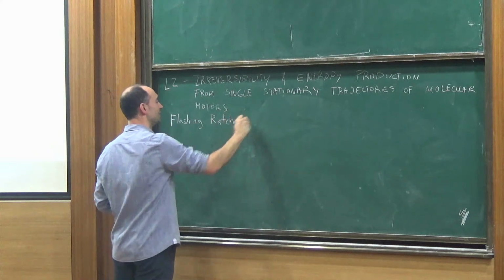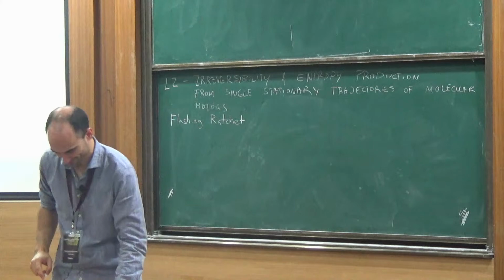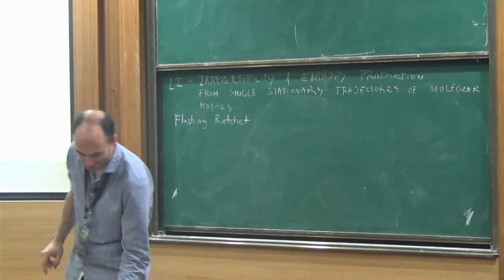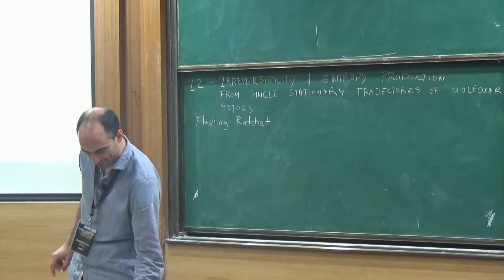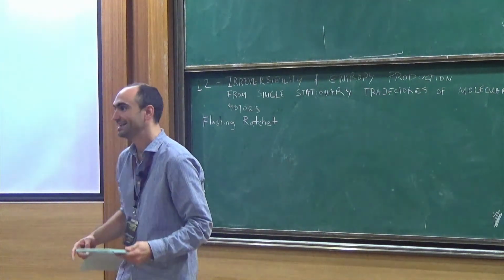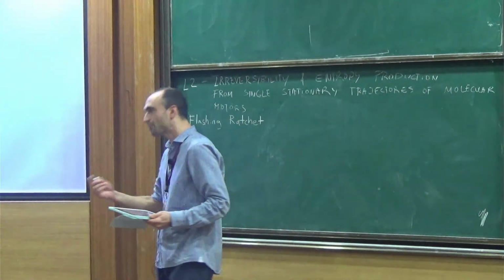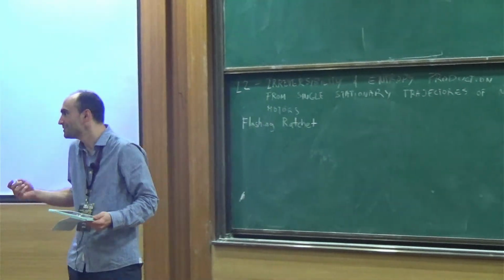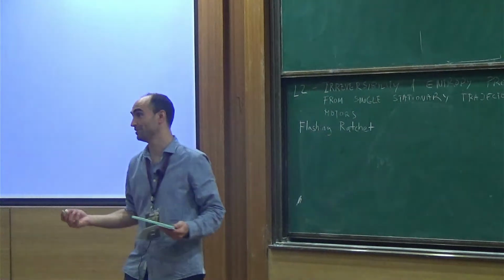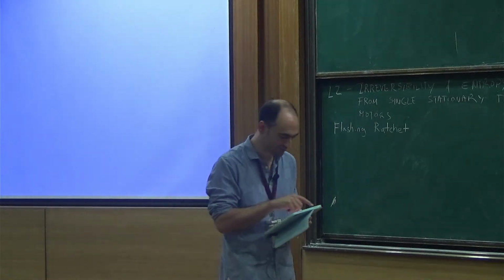It's called a ratchet as well, but it has nothing to do with the Feynman ratchet. It's a bit inspired, because ratchets are typically used to describe rectification of thermal fluctuations. It means I take a thermal fluctuation and I profit from it, in the sense that I can move something out of the thermal fluctuation, right?